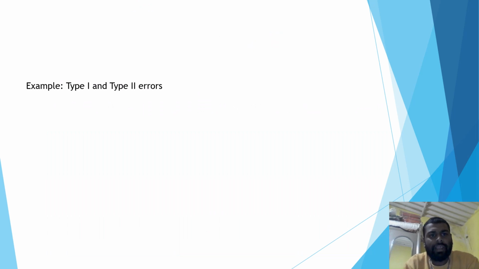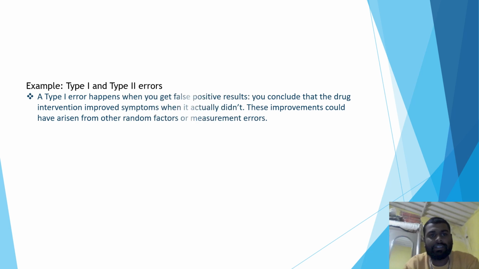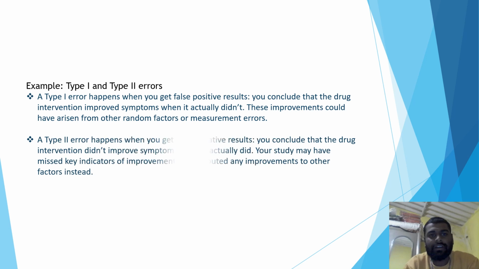Example: type 1 and type 2 errors. A type 1 error happens when you get a false positive result: you conclude that the drug improves symptoms when it actually does not, and the improvement could have been raised randomly because of measurement error.